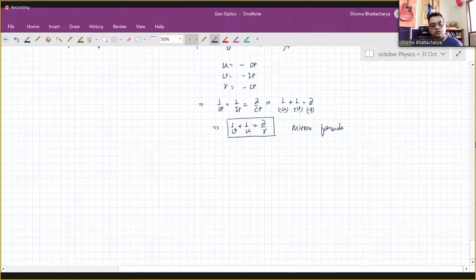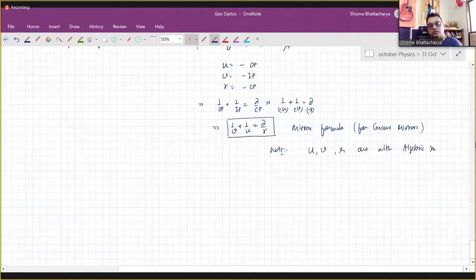Taking the example of a concave mirror, it will actually be the same for the convex mirrors also when we come to that. Okay, and u, v, R are with algebraic sign in this formula.